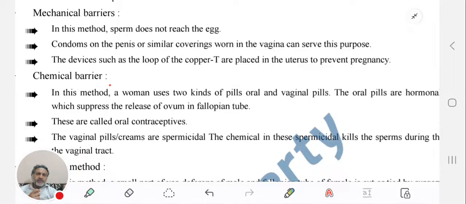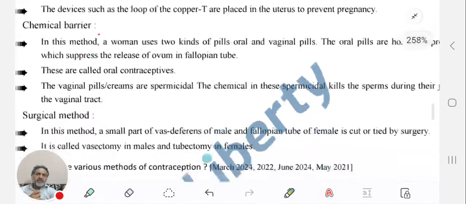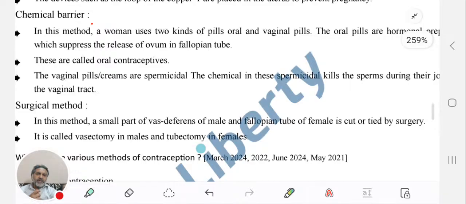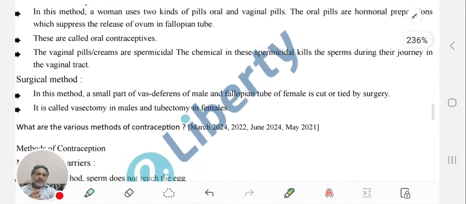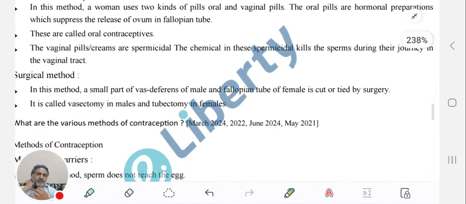Devices such as the loop or the copper T are placed in the uterus to prevent pregnancy. Chemical barrier. In this method, a woman uses two kinds of pills, oral and vaginal pills. The oral pills are hormonal preparations which suppress the release of ovum in the fallopian tube. These are called oral contraceptives.